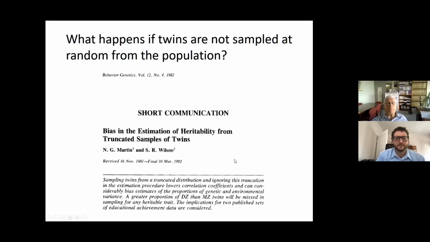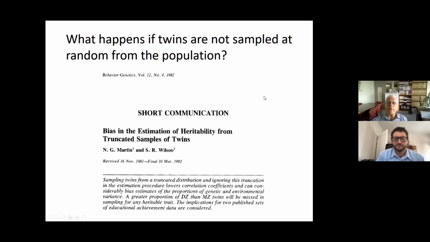Okay, second paper. What happens if twins are not sampled at random from the population? And this problem came up from my own work. I did it as an honours thesis, which was actually looking at trying to do genetic analysis of exam results in the South Australian population where I grew up.